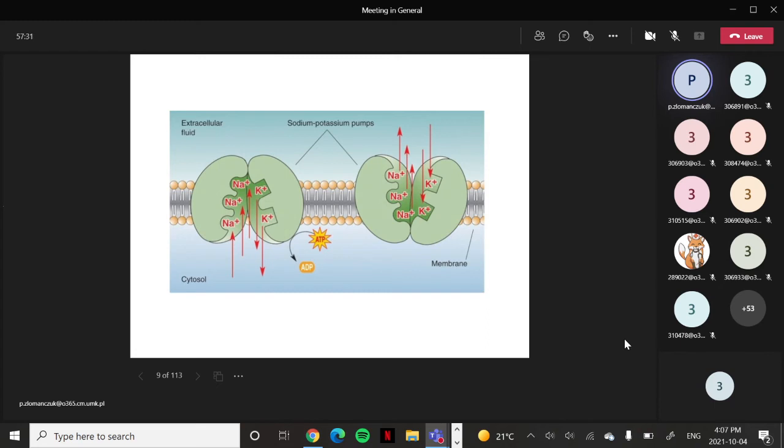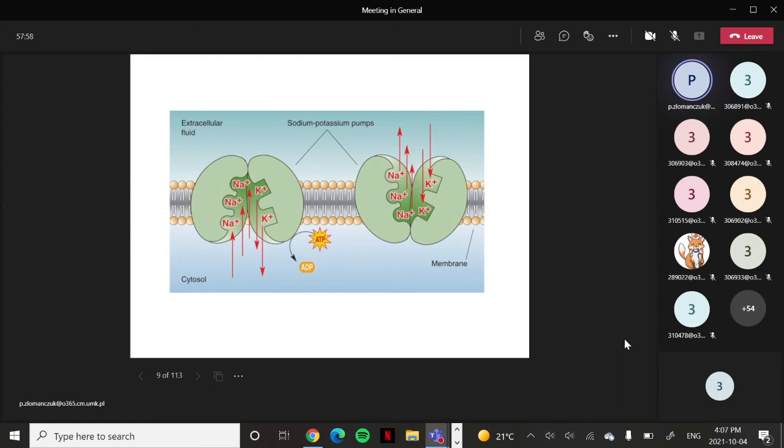These are structures that are basically moving the ions. Ions are carrying electrical charge, so they cannot pass the phospholipid bilayer easily. They cannot actually pass it at all. So you need transporters for those molecules.